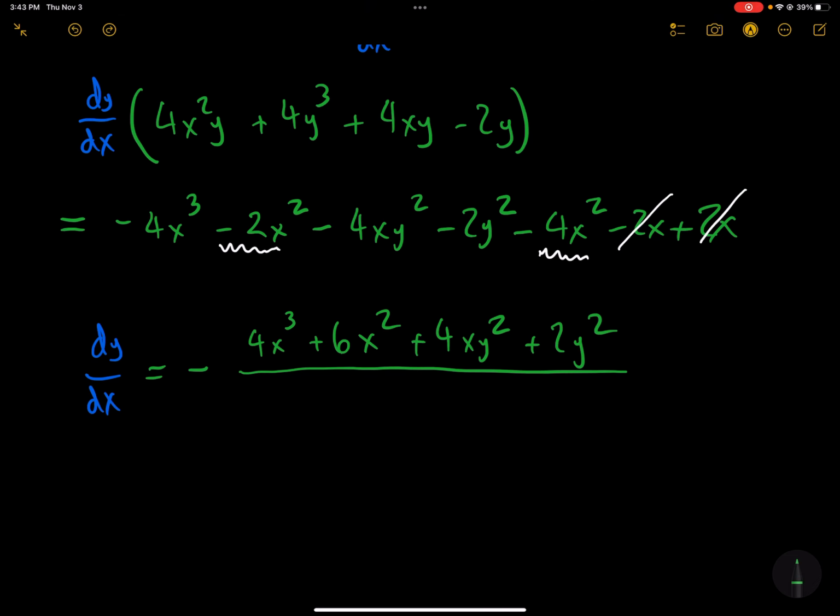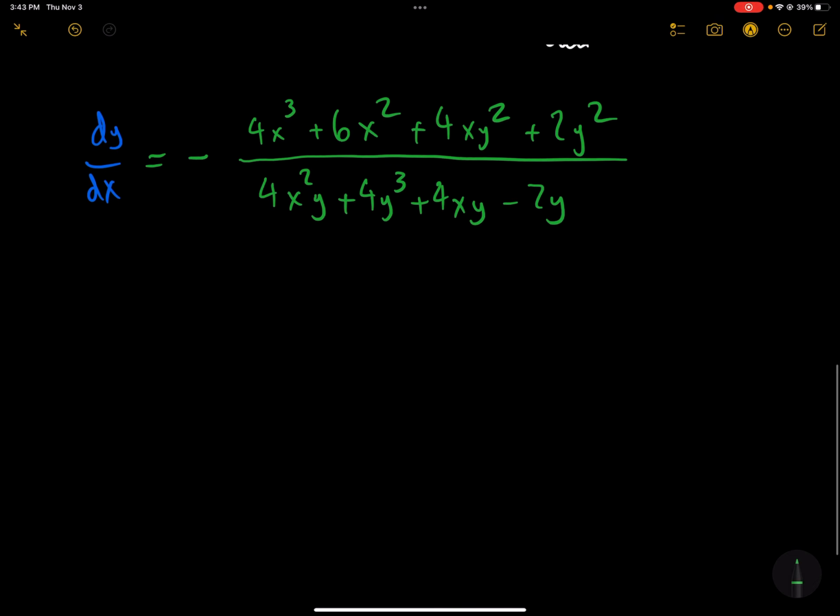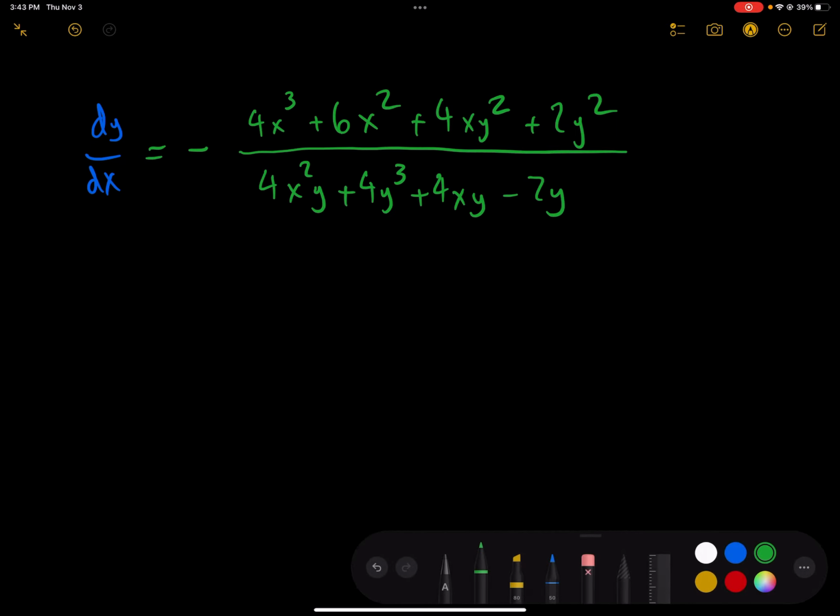Now we just divide by the coefficient of dy over dx on the left-hand side, and this will give us 4x squared y plus 4y cubed plus 4xy minus 2y. Notice that we can simplify this a little bit more if we cancel a factor of 2 on the top and the bottom.